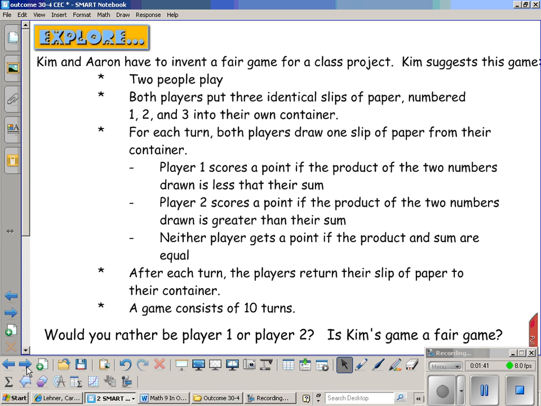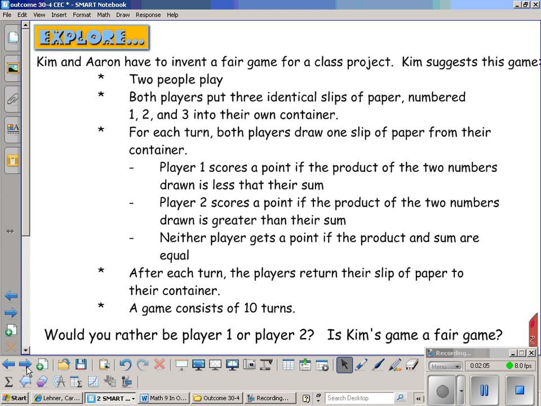Player 2 scores a point if the product of the 2 numbers drawn is greater than their sum. So player 2, if the product is greater than the sum, they score. Neither player gets a point if the product and sum are equal. After each turn, the players return their slip of paper to their container, and a game consists of 10 turns.